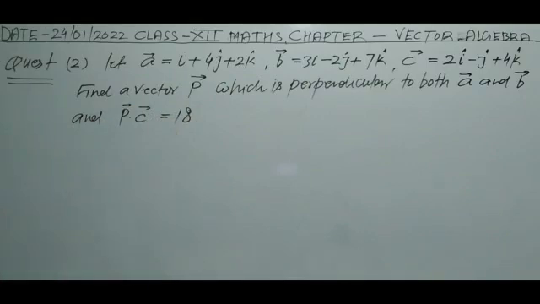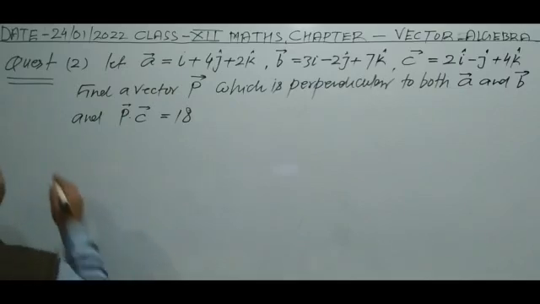So see, p is perpendicular to both vector a and b. Now p will be parallel to vector a cross b. See the solution.